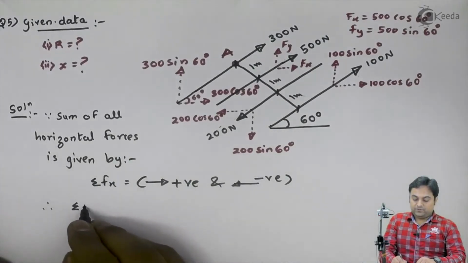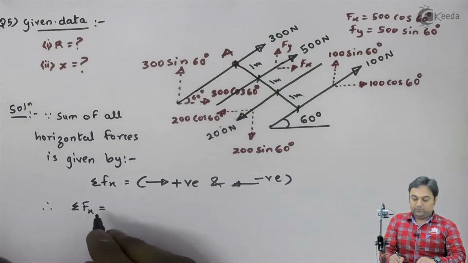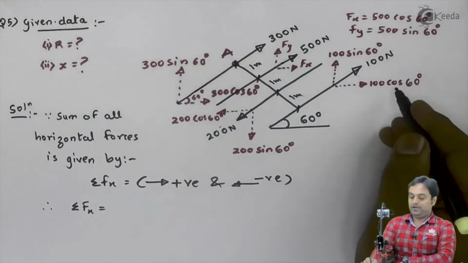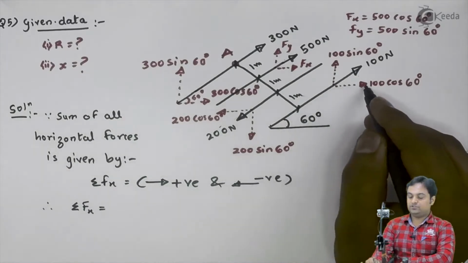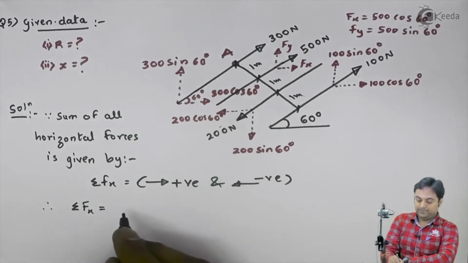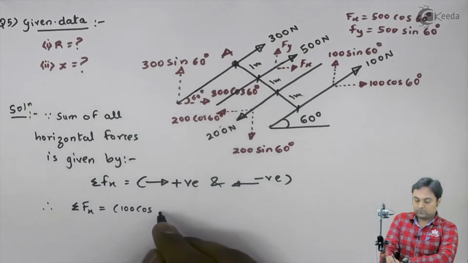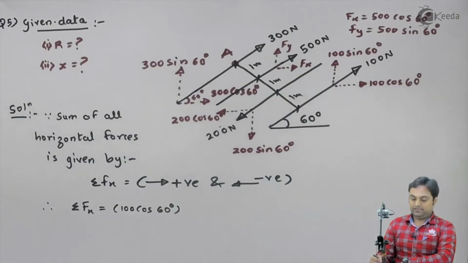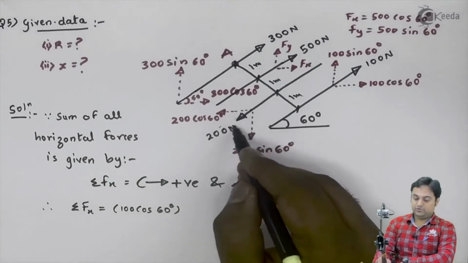Therefore, summation of Fx will be equal to, I will analyze one force at a time. 100 cos 60, this force is acting towards right, so positive 100 cos 60. Next, the second force is 200.